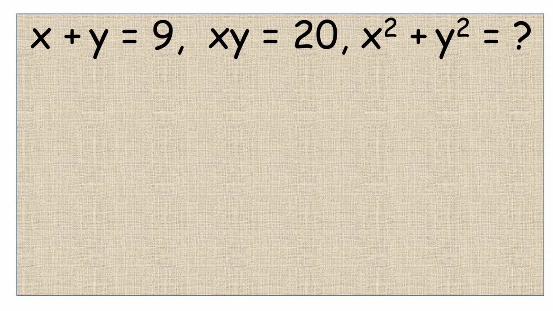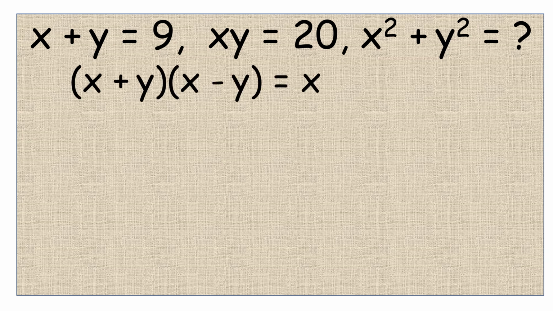So what we have again is x plus y is equal to 9 and our xy is 20, and we are looking to solve for x squared plus y squared. Now we will be generating another mathematical equation to see whether it will also be applicable to solve the question.